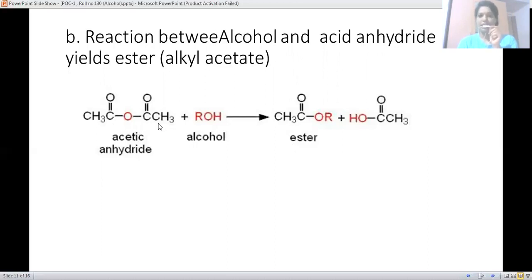These are attaching, this with this and this OH. You see that the R is attaching here, and the formation of the ester, that is alkyl acetate, because R is represented.